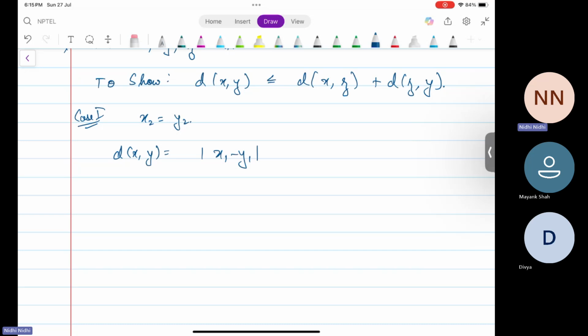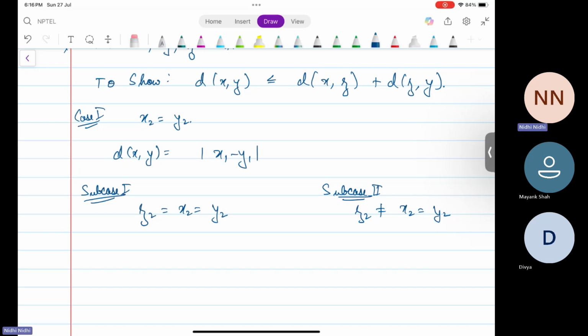Now, while looking at this, we need to introduce this element z also. So for that we will again have two possibilities. I'll write it as subcase 1 when z2 is also equal to x2 equals y2, and subcase 2 when z2 is not equal to x2, which is equal to y2.